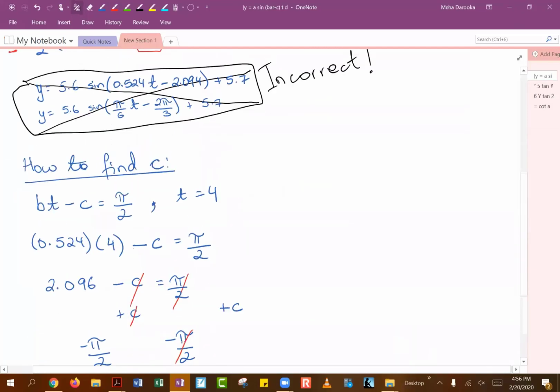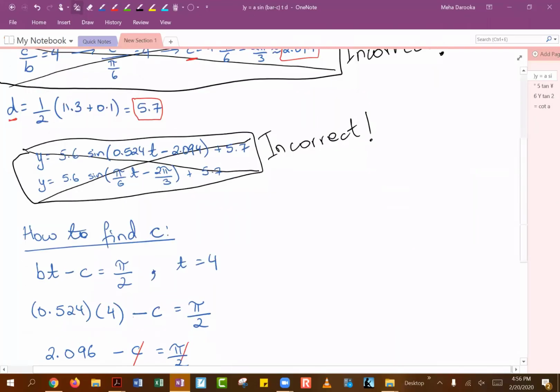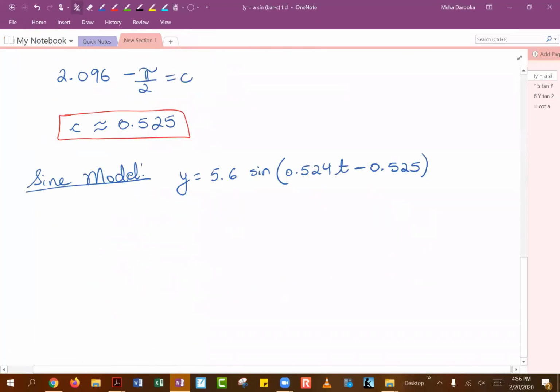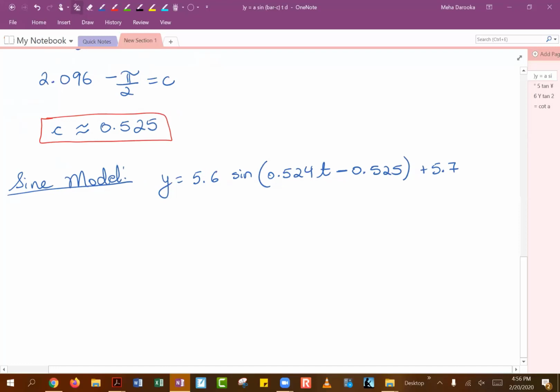And then our d value was positive 5.7. So y equals 5.6 times sine 0.524t minus 0.525 plus 5.7. This will be the sine model for our example.